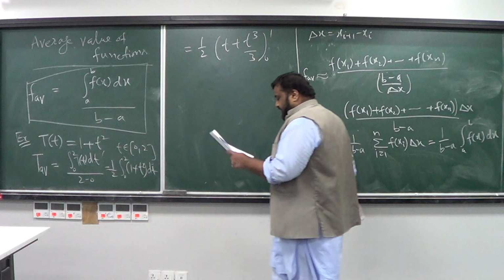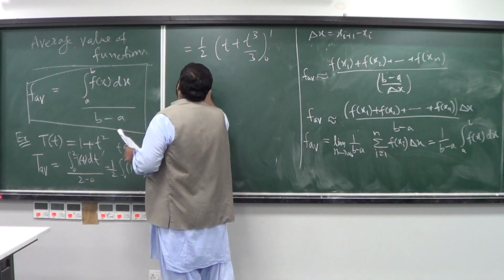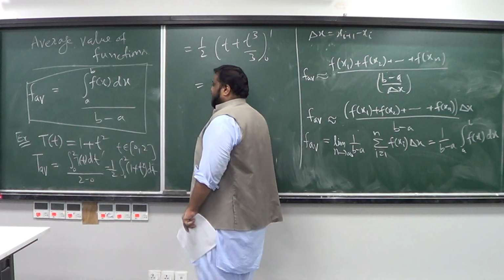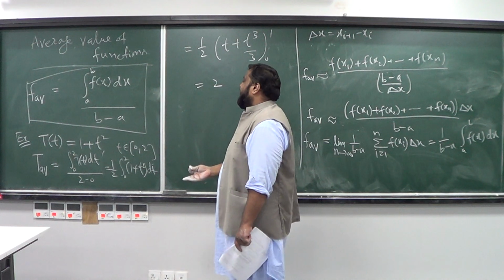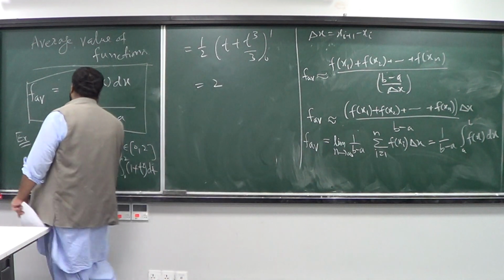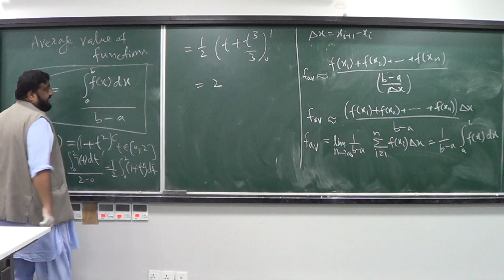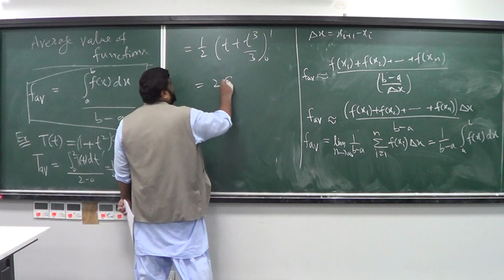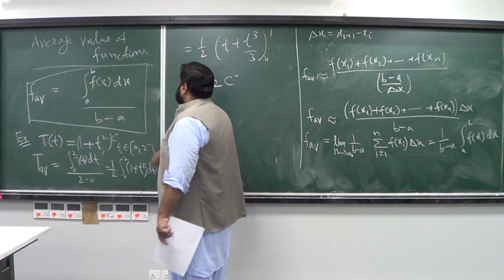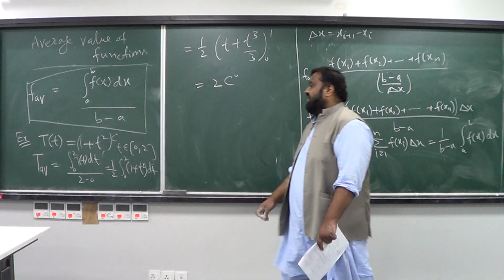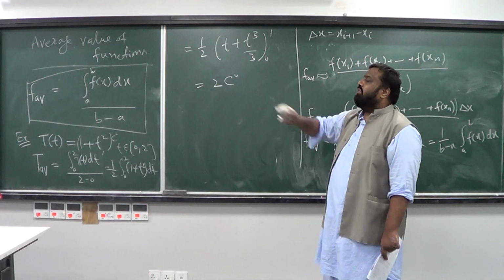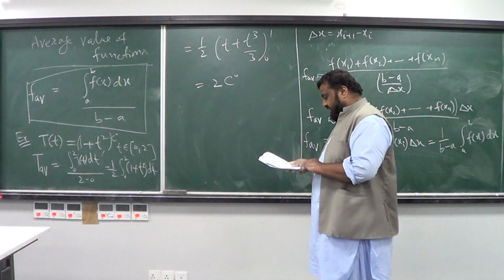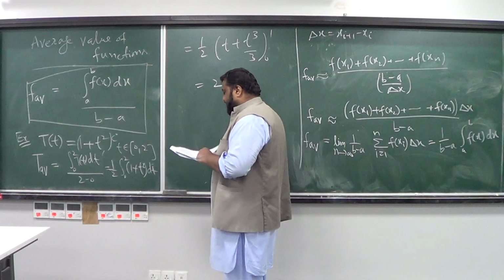If you substitute these values, you're going to get 2 actually. So if the temperature is measured in centigrade, then the average temperature on this interval is 2 centigrade. So this beautiful formula gives you the average of the function.